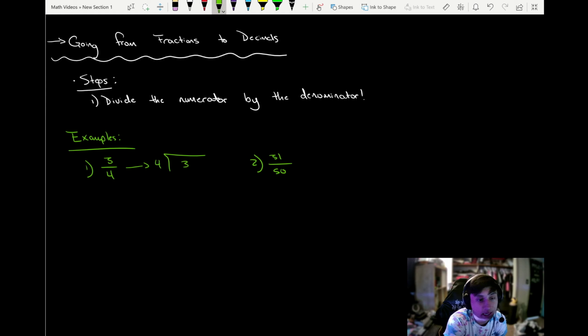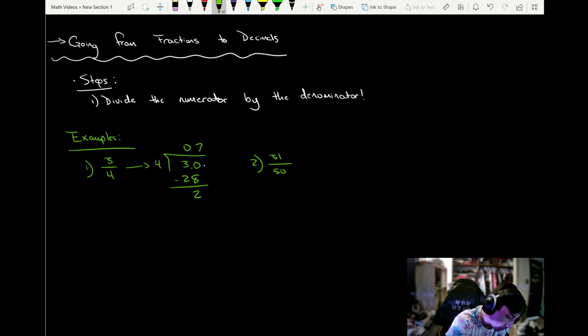So we ask ourselves, how many times does 4 go into 3? And it doesn't, because 4 is bigger than 3. But we can add a decimal and a 0 to the 3. That's still 3, because 3.0 is the same thing as 3. Then we ask ourselves, how many times does 4 go into 30? It goes in 7 times, because 7 times 4 is 28. Then we subtract and ignore the decimal for now. 30 minus 28 is 2.